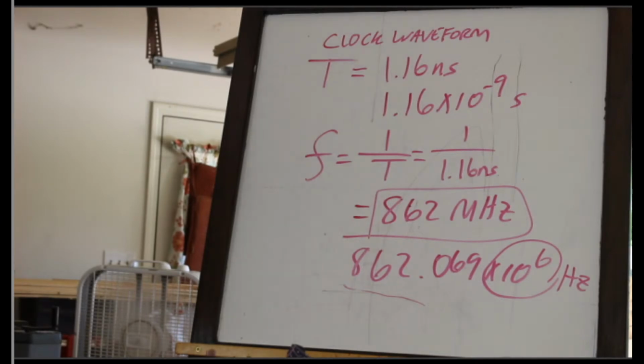So the key to doing this is knowing how your calculator works. If you punch this into your calculator wrong, it doesn't matter if you know how to do it or not. You need to know how to do it on your calculator. There's only going to be a few of these that you're going to have to worry about anyway. It's not like you're going to have to use this for the whole class.